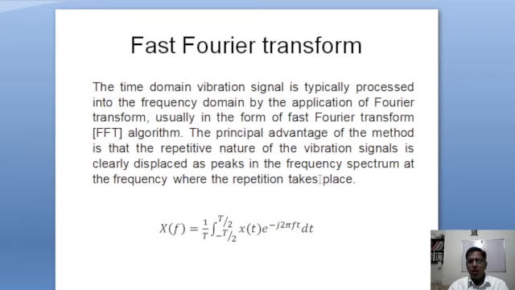The frequencies which are repeated at a higher level get accumulated, and the frequencies which are non-repetitive get diminished, and the repetitive frequency can be seen as a prominent peak in the frequency domain. So this is how the fast Fourier transform works, and this is the formula for the fast Fourier transform.